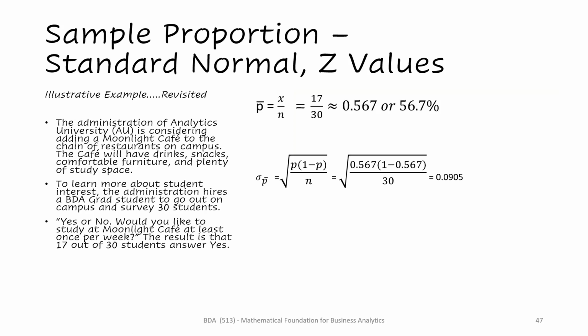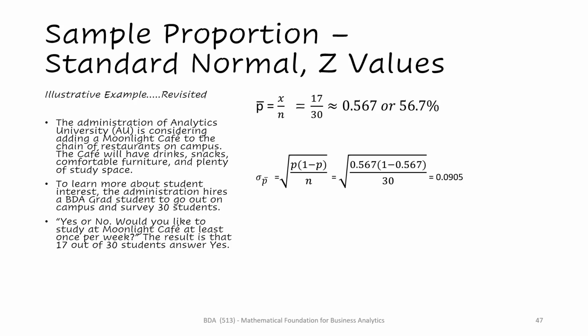To learn more about student interest, the administration has a BDA, Big Data Analytics, graduate student go out on campus and survey 30 students: yes or no, would you like to study at Moonlight Cafe at least once per week? The result is that 17 out of 30 students answer yes.